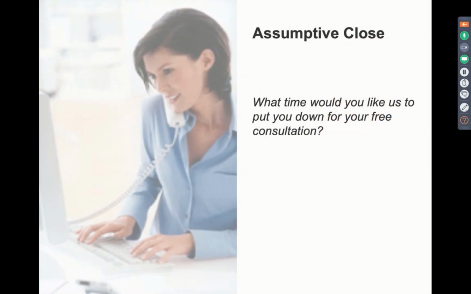By the way, some of these next ones I don't do a whole lot. These are kind of a little pushy closing techniques. I'm going to give these to you, and maybe you like them. The assumptive close is basically asking a question assuming the prospect would like to move forward. So, what time would you like us to put you down for a free consultation?